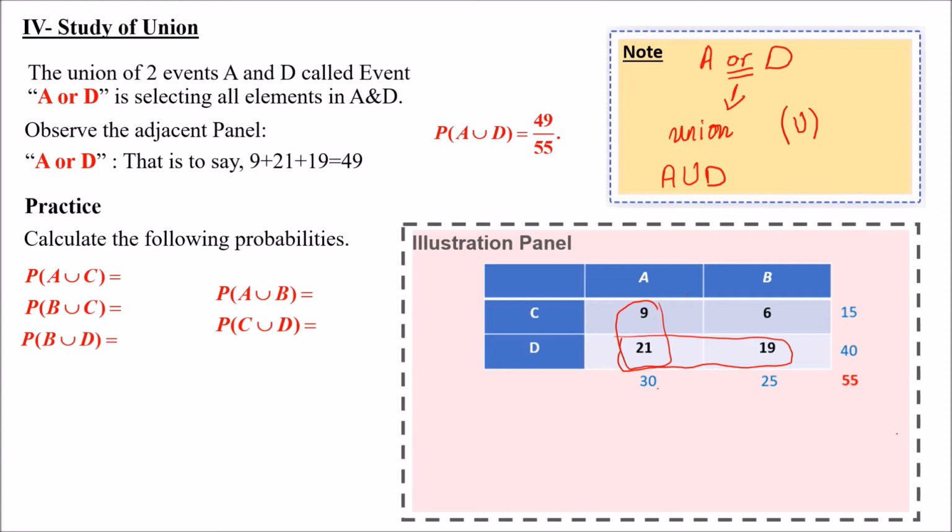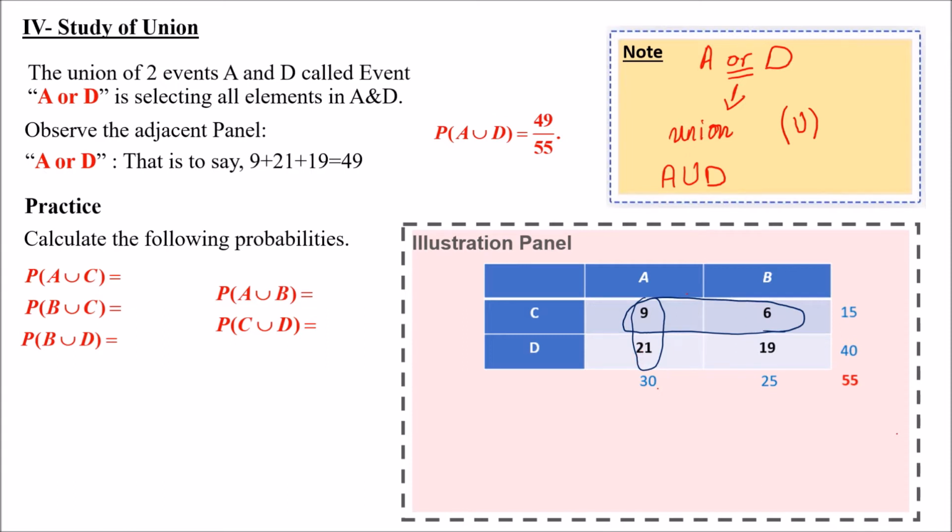Let's have a practice here about union. We need to calculate the following probabilities. Probability of A union C. This is A and this is C. We have 6 and 9. 6 and 9, 15. 15 and 21 gives us 36.